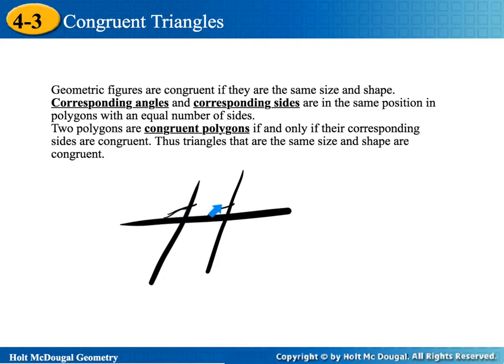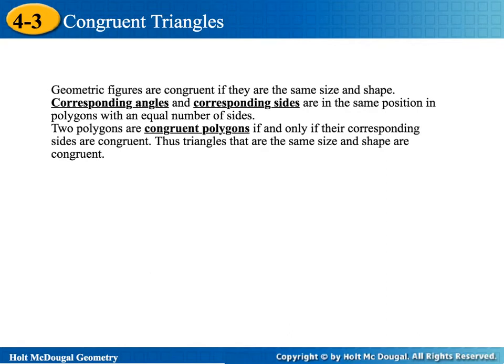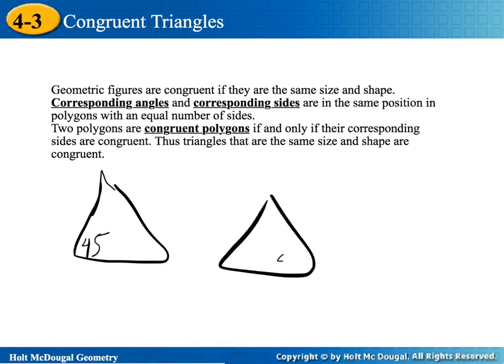Yes, these are corresponding if they're parallel, but what it's going to mean by this is if this is 45 and this is 45, these angles correspond to each other. They pair up, basically. So we'll get to that.